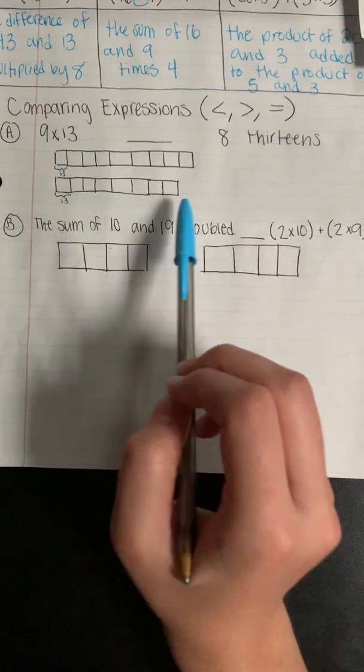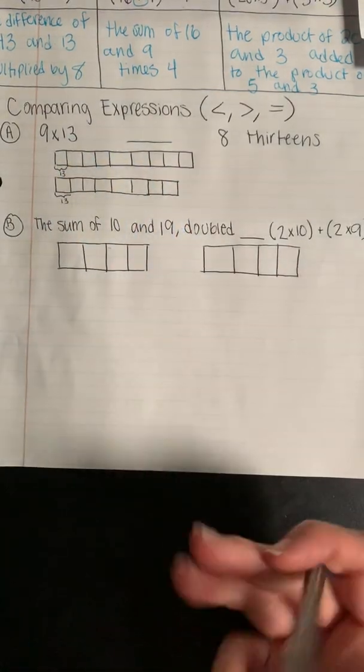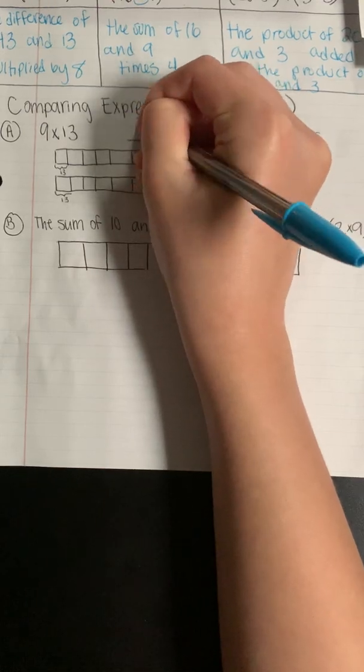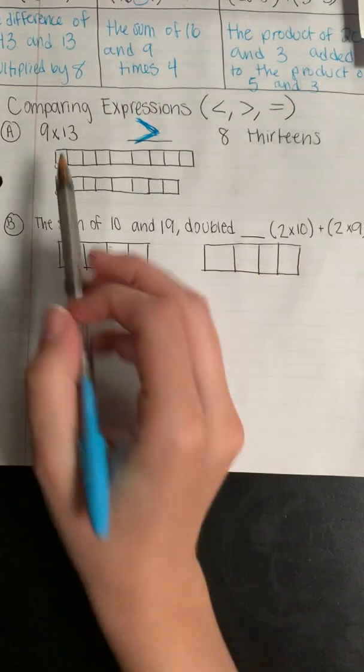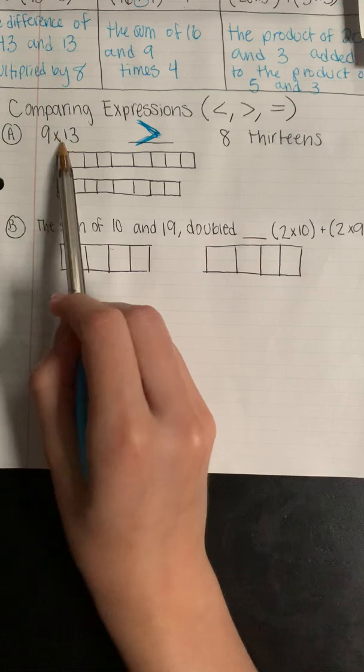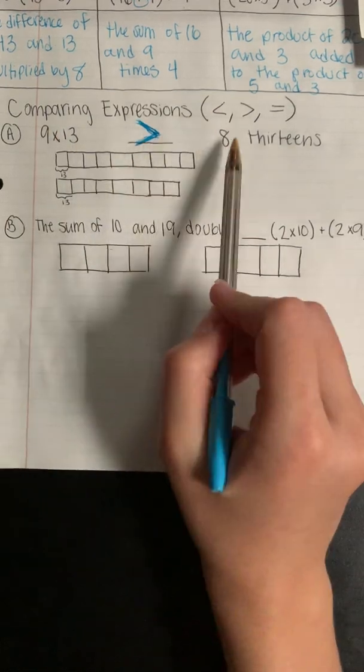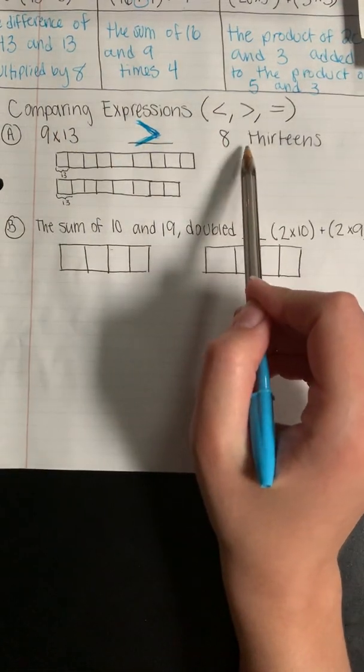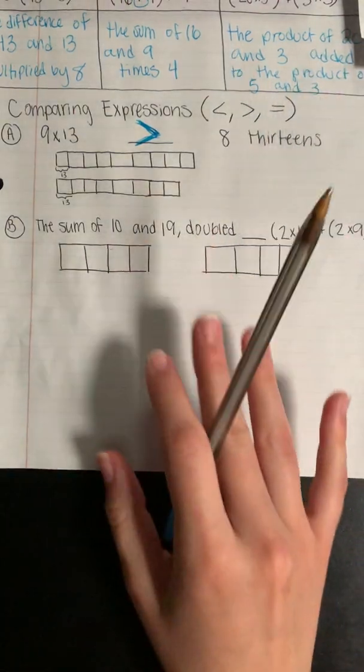And from this model, I can clearly see that this one is bigger. So I'm going to open up my comparing sign toward the number that is larger. So the product of 9 and 13 is larger than the product of 8 and 13.